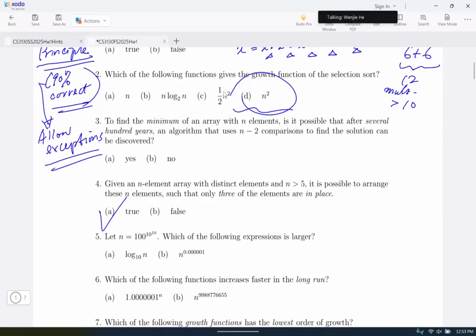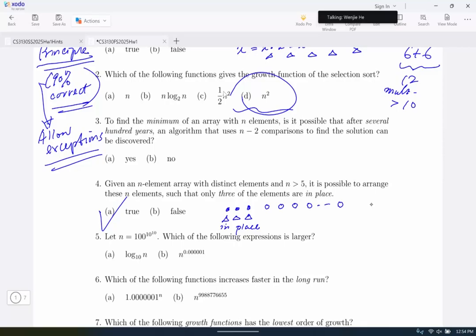Let's assume the first 3 elements, we make it in place. Then all the remaining elements, we have quite some remaining elements, we want to make them out of place.